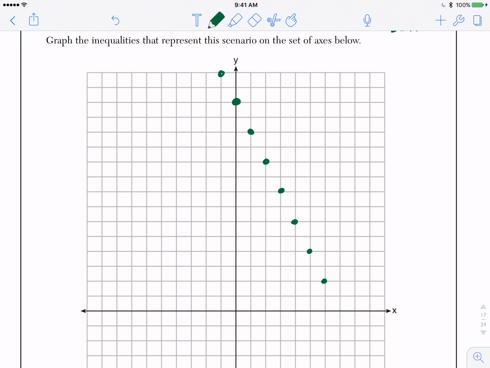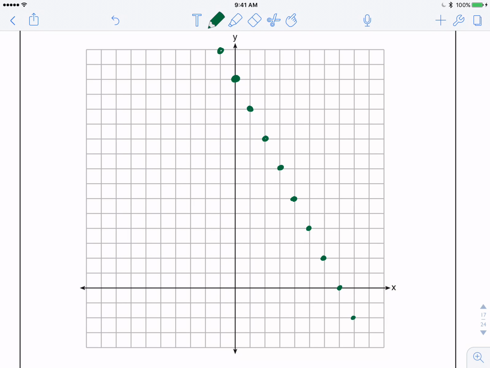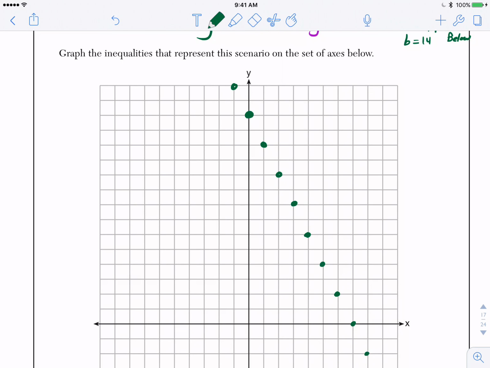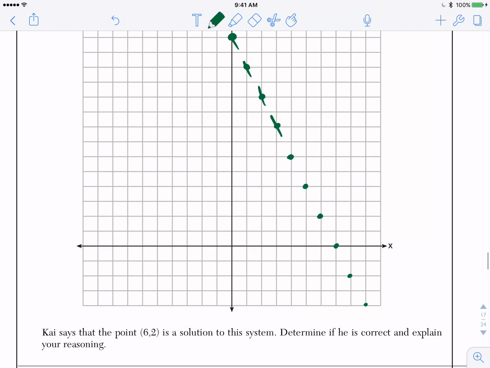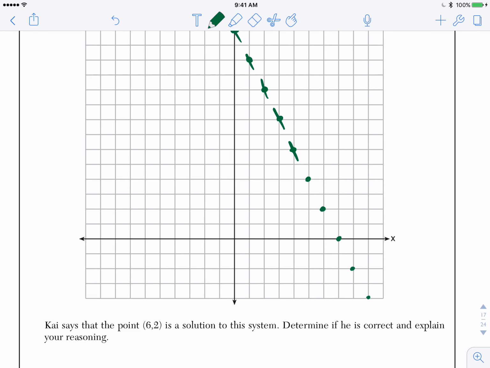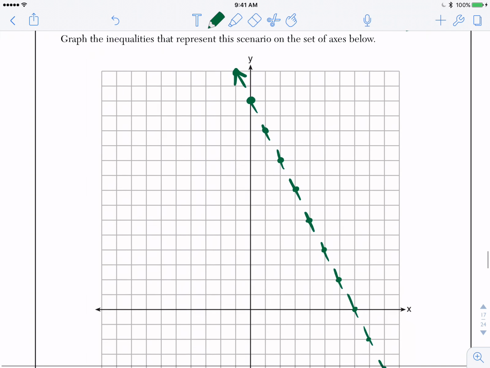This is a dotted line. So when I connect it, I want to be careful not to just go over this in pen and then not be able to take it away. Make sure you indicate that it is dotted. I usually just put a little line through the points without connecting them. And I'm shading this below.